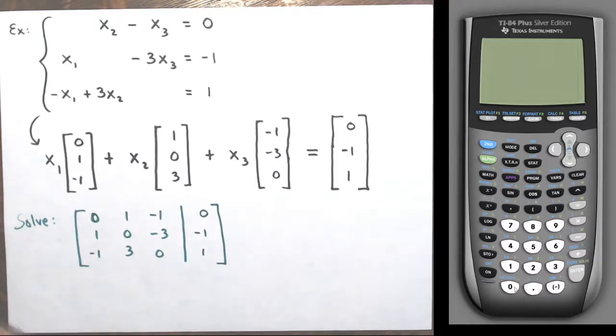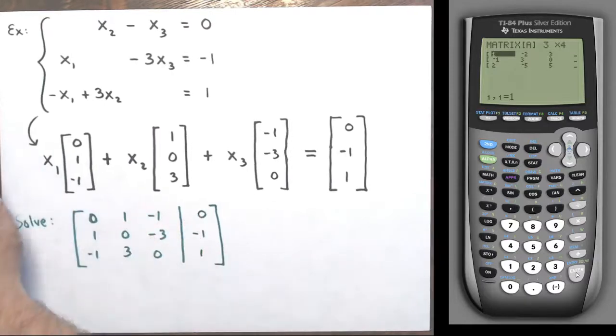All right, so back to this. I'll just change matrix A and re-enter this. So matrix, over to edit again, 3 by 4, still a 3 by 4, and then just enter these new entries. All right, so 0, 1, negative 1, 0.